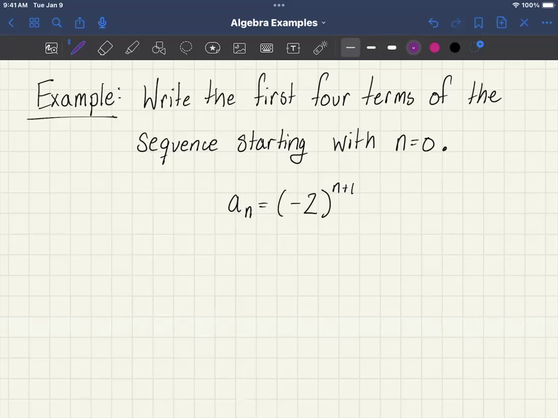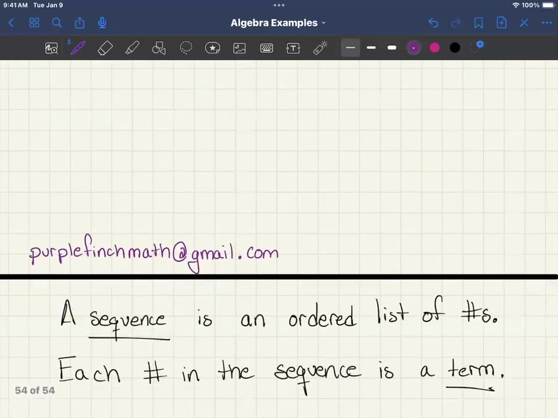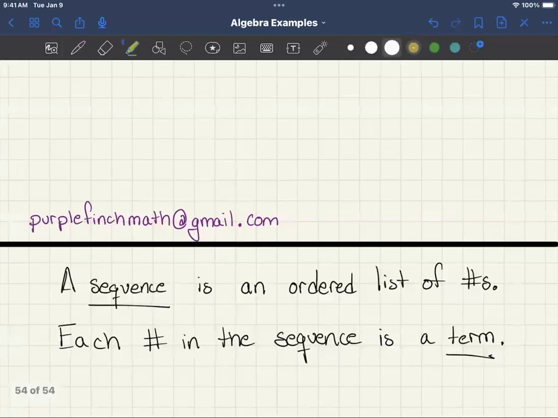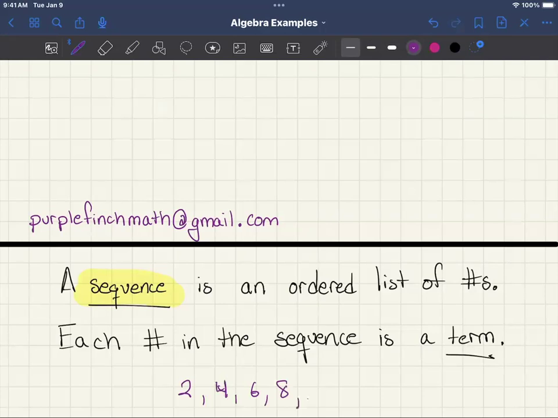Before we get into the problem for today too far, let's talk about what a sequence is and review it. A sequence is an ordered list of numbers. For example, we might see a sequence looking like 2, 4, 6, 8, and you can see that usually our sequences have a pattern.